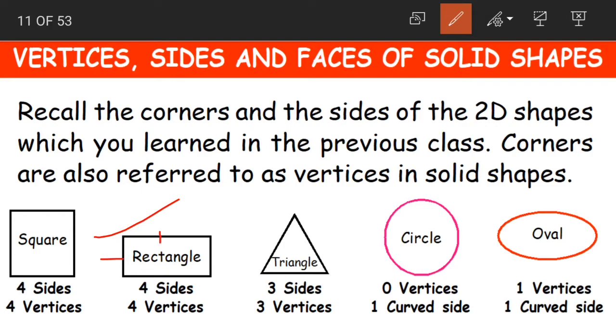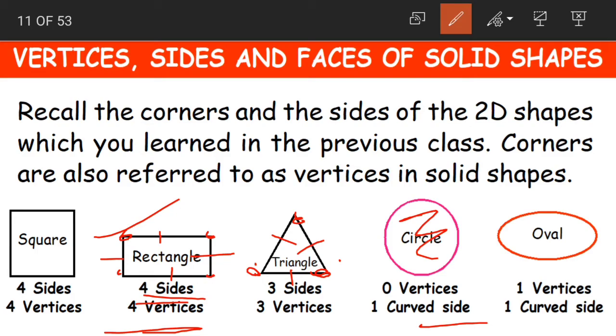Again rectangle has 1, 2, 3, 4 sides and 1, 2, 3, 4 vertices. Vertices is nothing but corners, children. Coming to triangle, triangle has 3 sides and again 3 vertices. Now coming to our circle, circle has one side, and what is that side? It is a curved side.